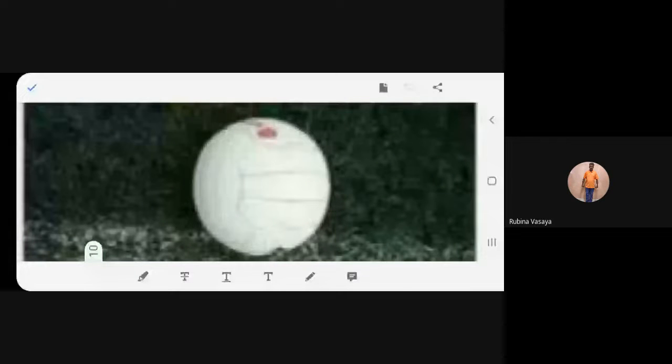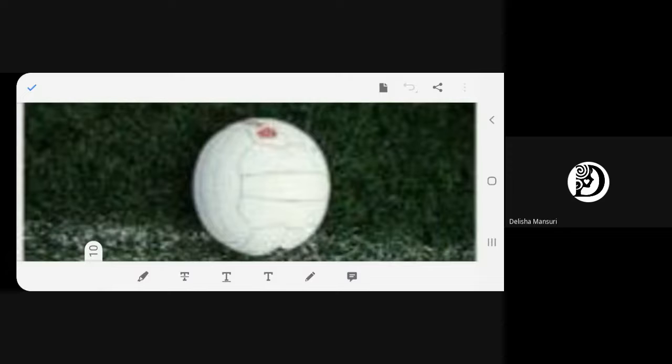Tell me what am I showing here? A ball, isn't it? So we are talking about the force. Tell me what are the forces applied over here, or what has happened to the ball?